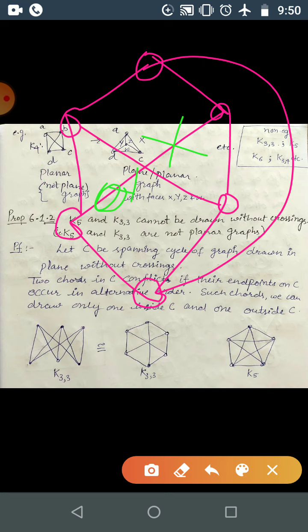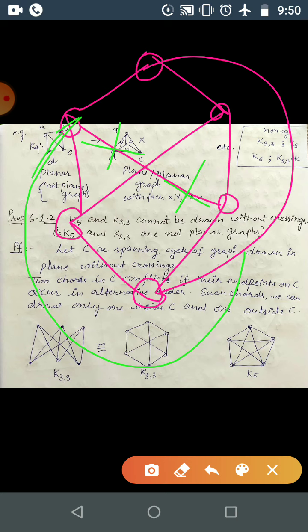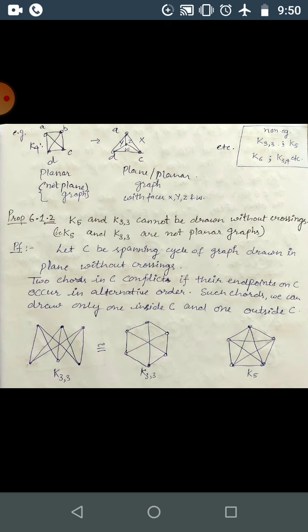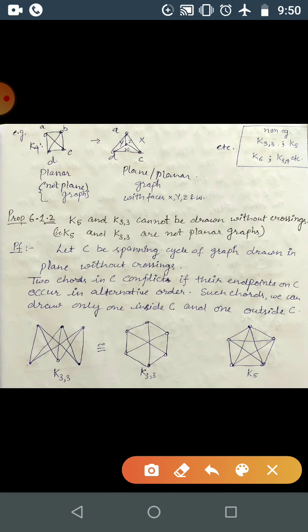Or if you don't want this edge, then you can choose the other one, this one. Then you will be crossing from here and removing from here, and it will again be crossing here, correct? So in C6 in K33 also edge crossings are more, correct?